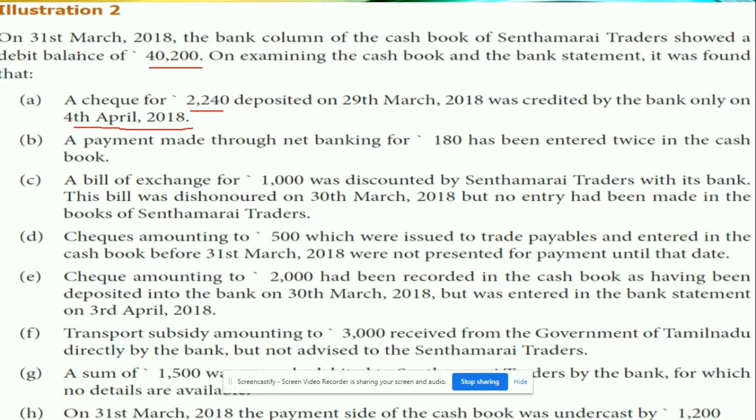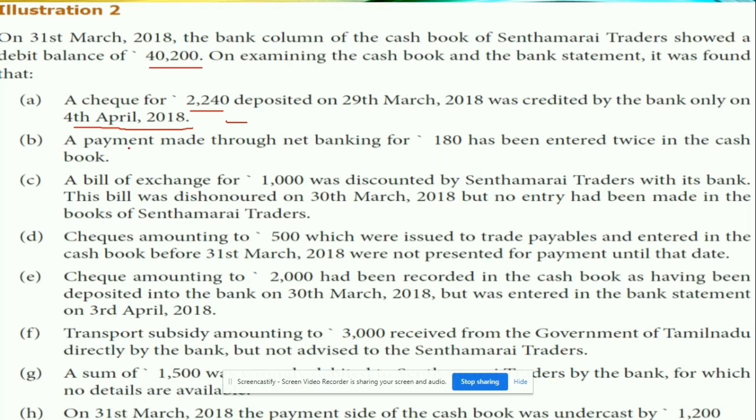Here the year ends on 31st March, so whatever money comes before 31st March will be entered. So here this 2,240 is to be shown on the lesser side, because the money has not been deposited before 31st March. So it will be shown on the less column.